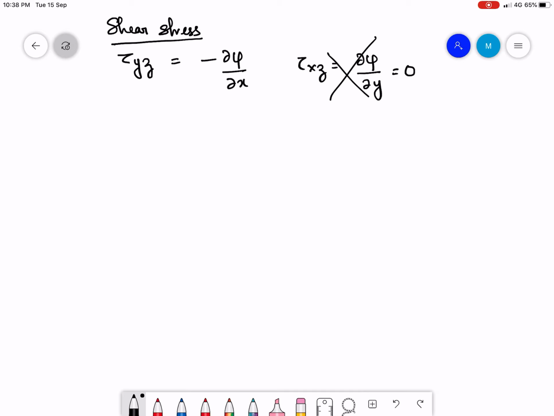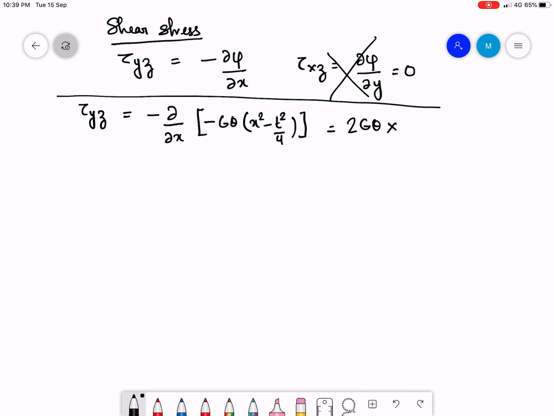So, let us find out what is tau y z. Tau y z is minus del x of minus g theta, and that is going to be g theta into 2x. Okay.